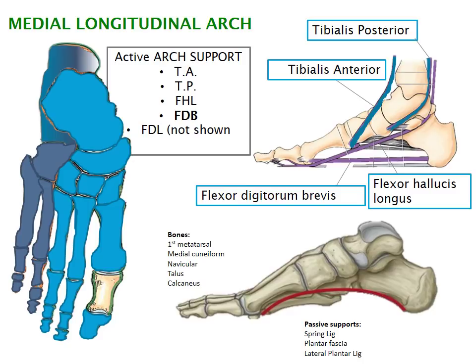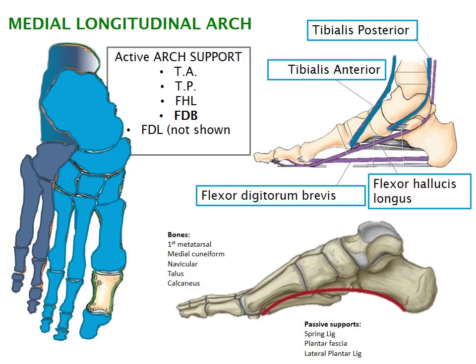The medial arch, comprised of the first metatarsal, first cuneiform, navicular, talus, and calcaneus, is supported by passive and active structures. Already mentioned, the spring ligament and the long plantar ligament support the arch. These are passive supports since they're non-contractile tissues. The medial longitudinal arch also has active supports in the form of several muscles.